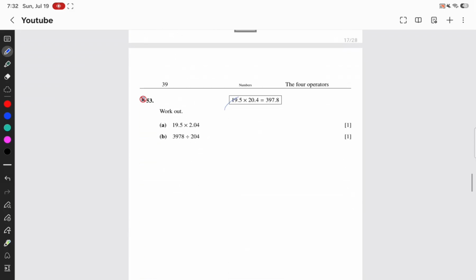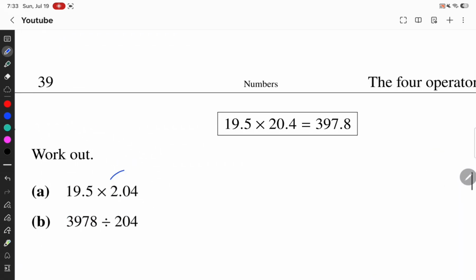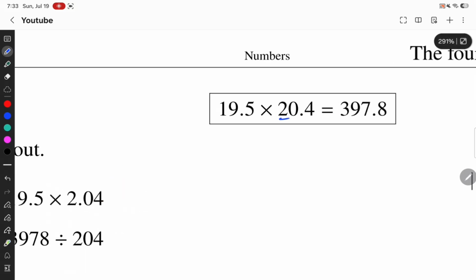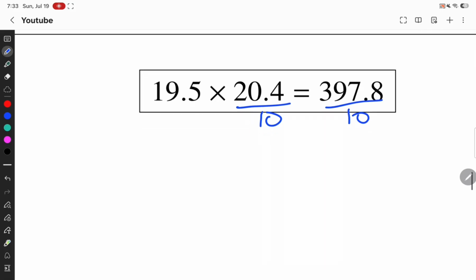For example, it also tests how we can rearrange place values. Here this 20 is like over 10 again. So if this value is over 10, this value should be over 10 as well. Why? Because multiplication is commutative and it should apply on both sides to keep the equality the same.